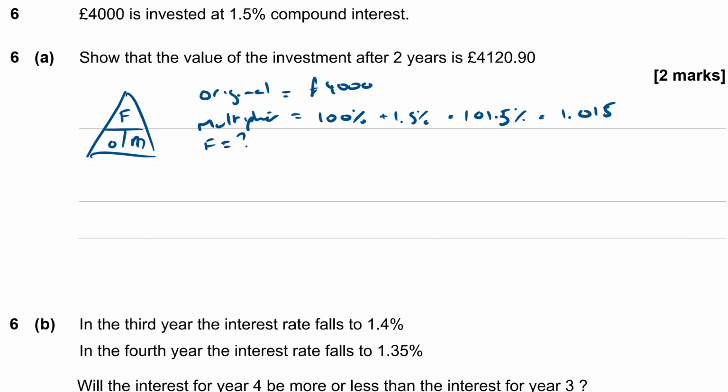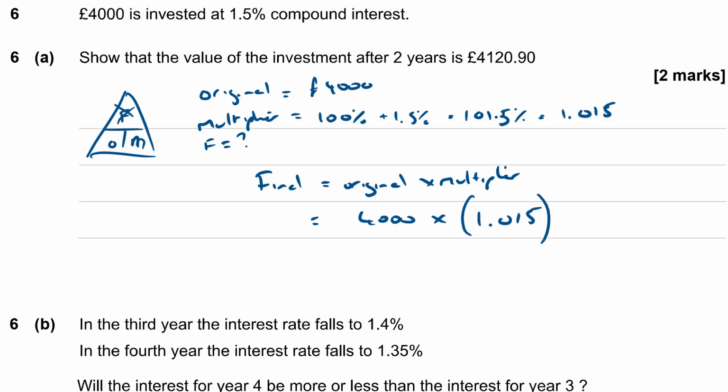Okay, so covering up the bit that I want, the final, final is equal to original times multiplier. So in this case, it's 4,000 times 1.015. Now that would find one lot of 1.5% added.